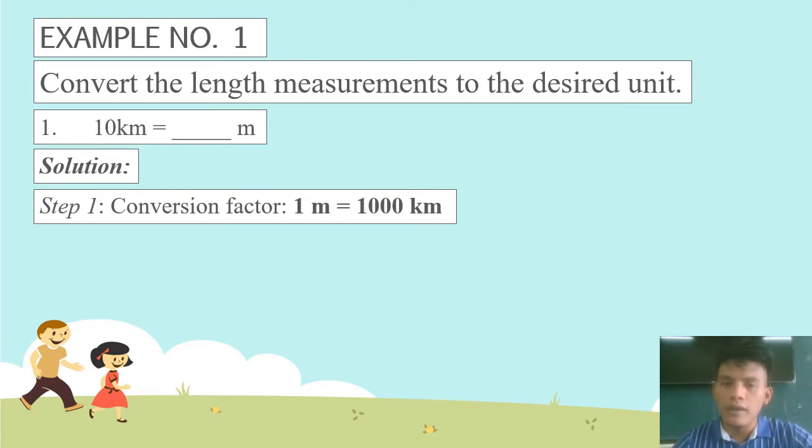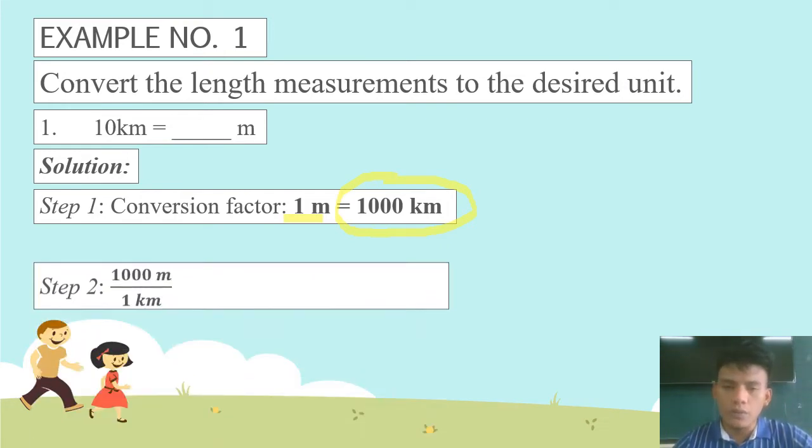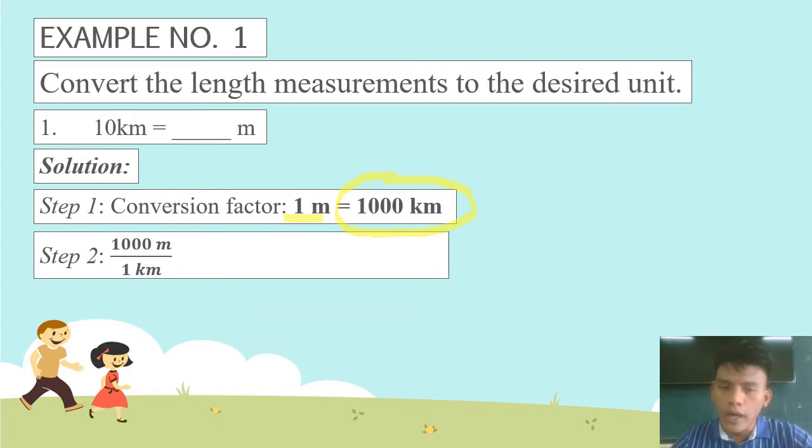Did you know that 1 kilometer is equal to 1,000 meters? That's a conversion of units of kilometers to meters. Step 2, 1,000 meters over 1 kilometer, because 10 kilometers is our given and we are looking for the meter.